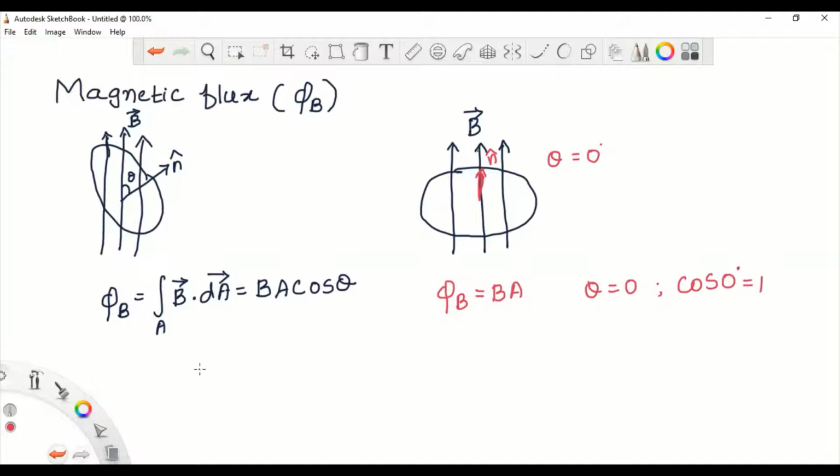Now let's see what is the SI unit of magnetic flux. The SI unit of magnetic flux is Tesla meter square, and it can also be measured in Weber.